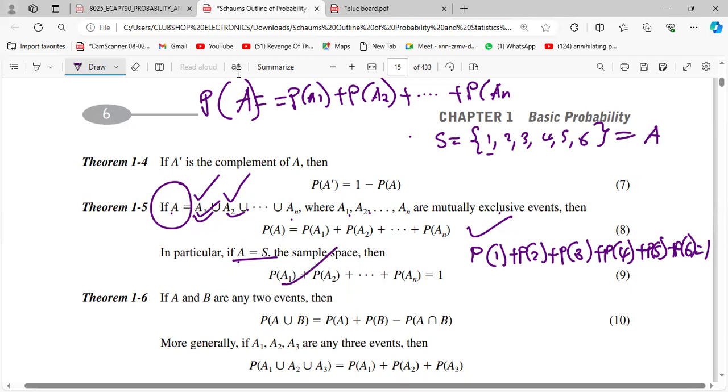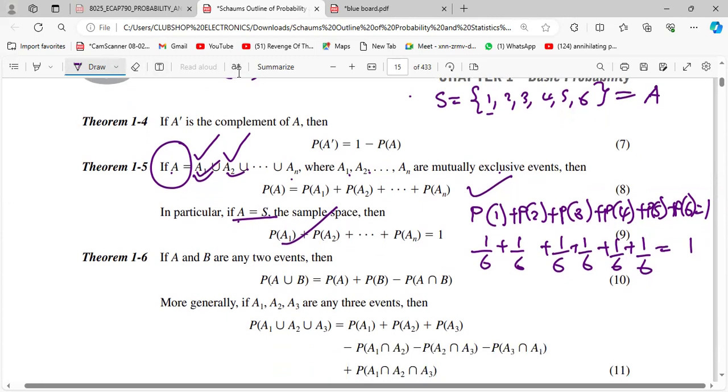So what is the probability of 1? 1 over 6, because there are 6 possible outcomes, plus 1 over 6, plus 1 over 6, plus 1 over 6, plus 1 over 6, plus 1 over 6. And this must be 1. So if the denominator is 6, keep 6 and add the numerators. When you add the numerators, you have 6, and this will give you 1. That's what we mean. Okay?